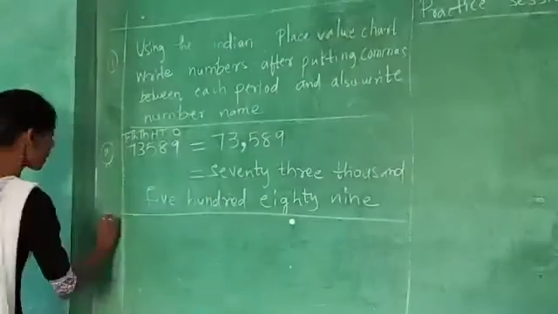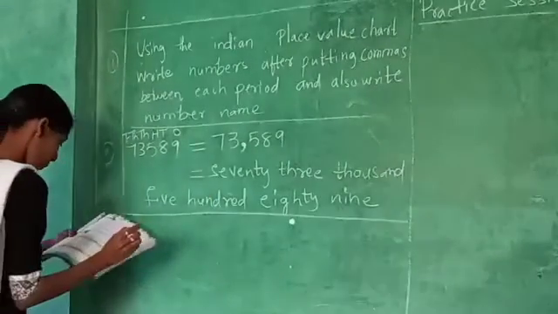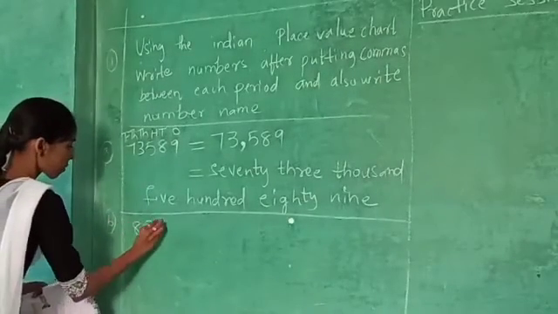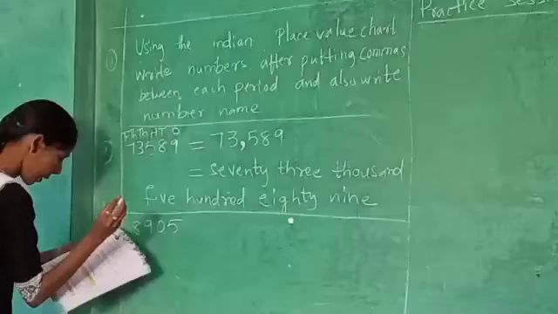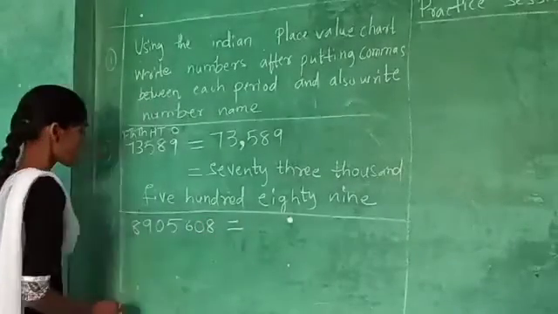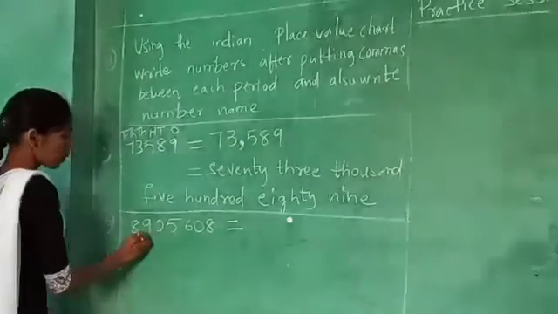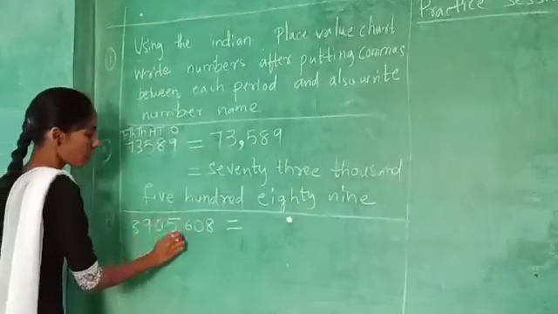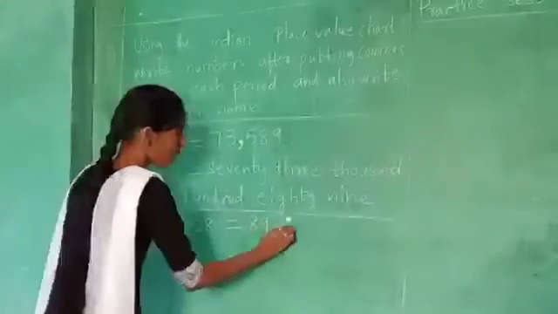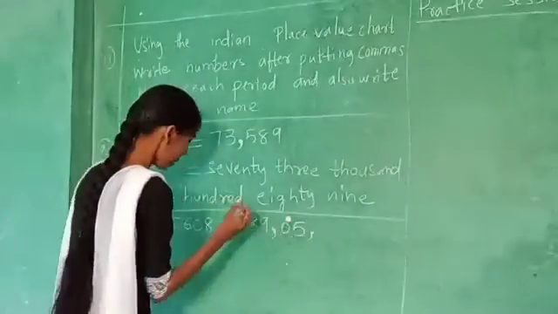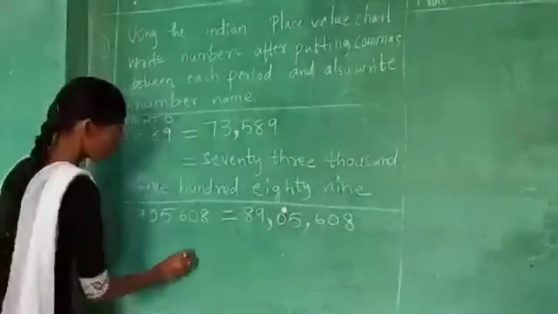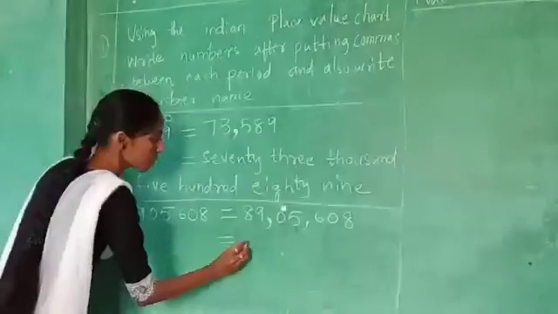Now next, B, they have given 89 lakh 5,608. Now give commas. Here also the same: you give a comma after the lakhs place and after the thousands place. 89 lakh 5,608. Now write the number name of this one.